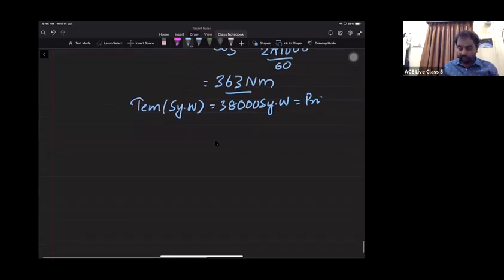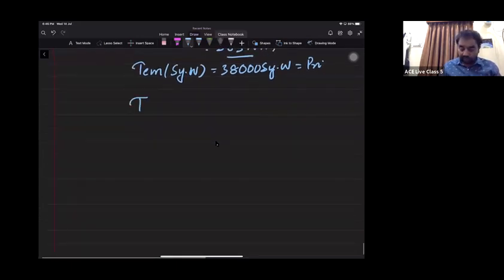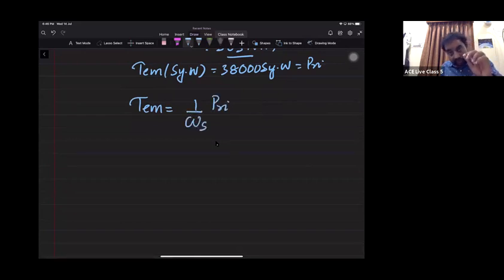Now let us go for the equation. Electromagnetic torque is equal to 1 by omega s into the rotor input. Please remember that we are finding the performance parameters using the rotor equivalent circuit, so whatever equations we derive should be in terms of the rotor equivalent circuit. What is the equation for the rotor input power?